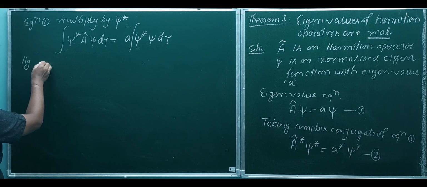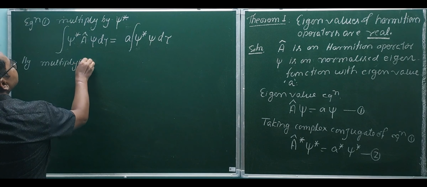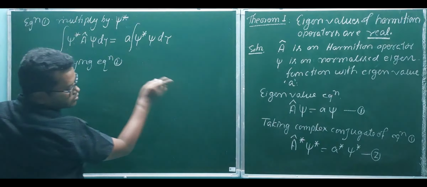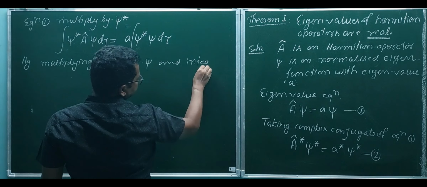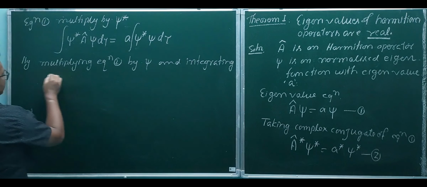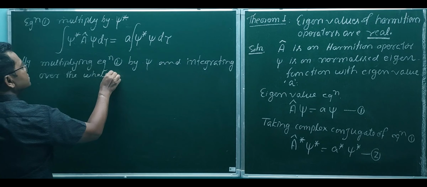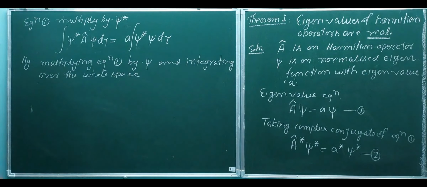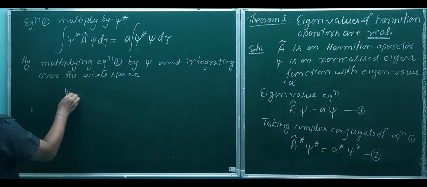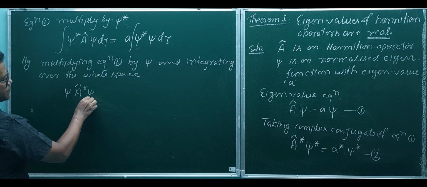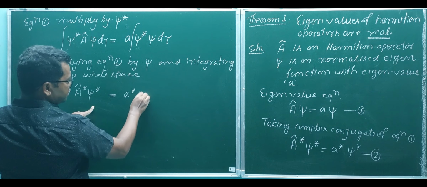Similarly, multiplying equation 2 by psi and integrating over the whole space of configuration, we get psi A cap star psi star equal to a star psi times psi star.